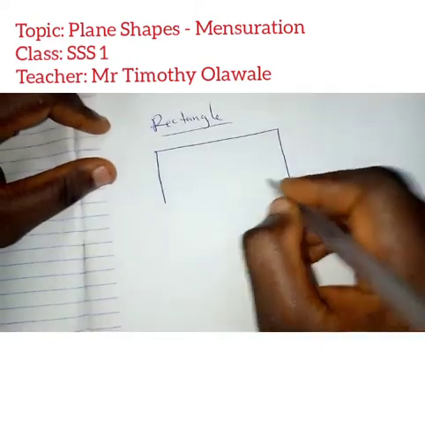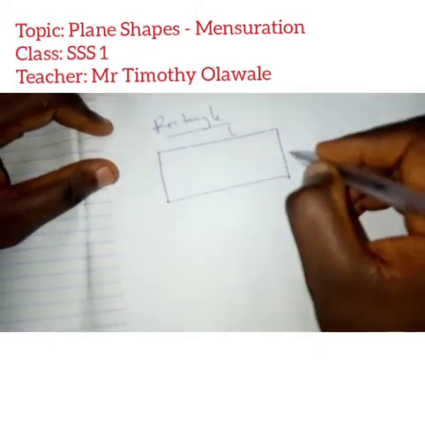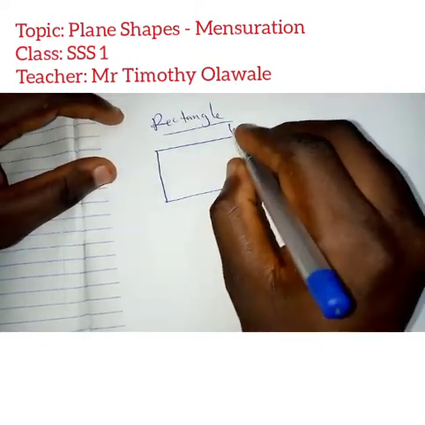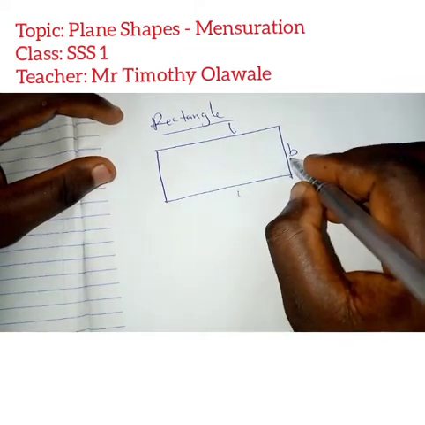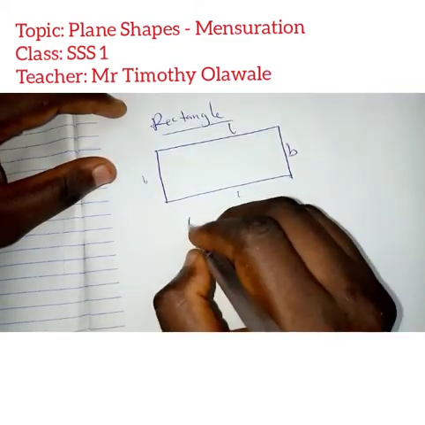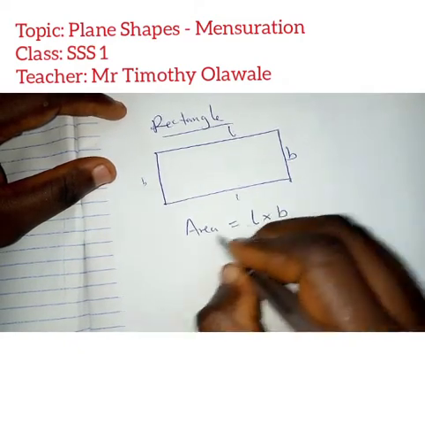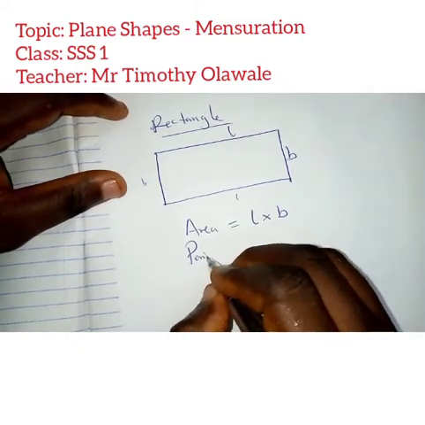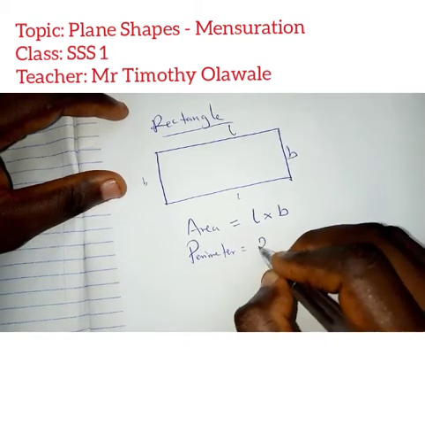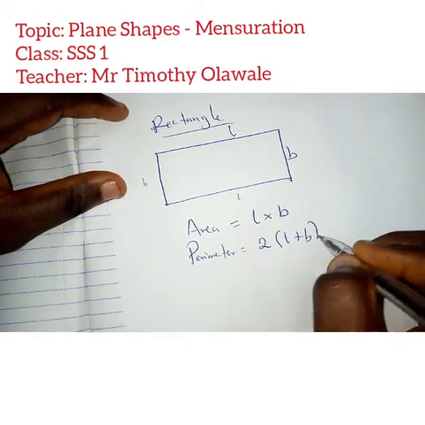We have the length and we have the breadth. If the length is here, the length is also here. If the breadth is here, the breadth is also here. The area of a rectangle is length times breadth, while the perimeter of a rectangle is 2 into bracket L plus B.